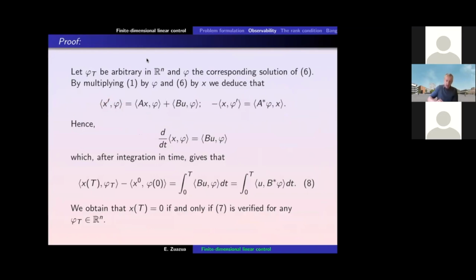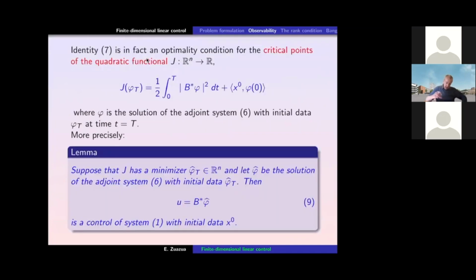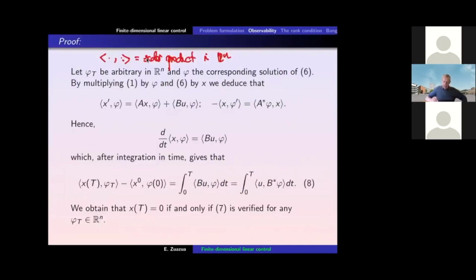Here the bracket is a scalar product in R^n, so I take the n components of x prime and multiply by phi. x prime being Ax plus Bu, I get Ax scalar phi plus Bu scalar phi.